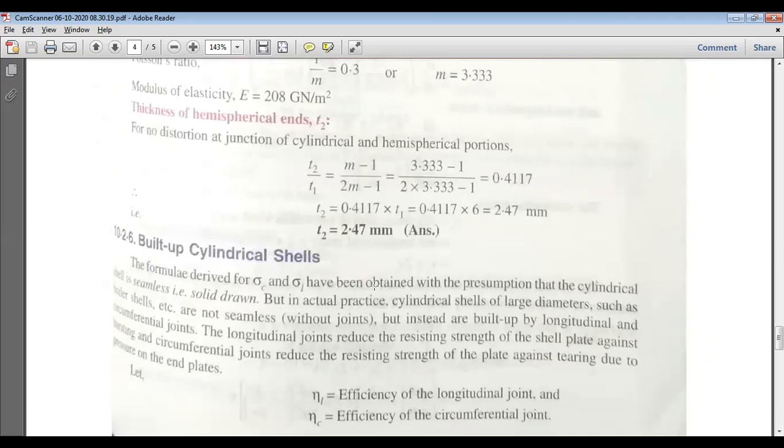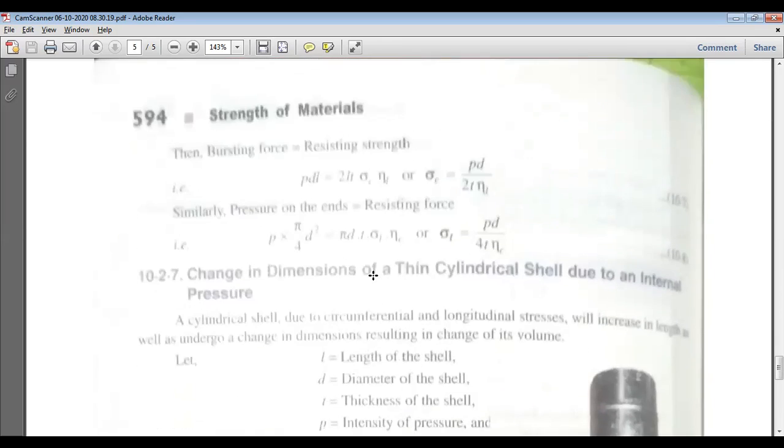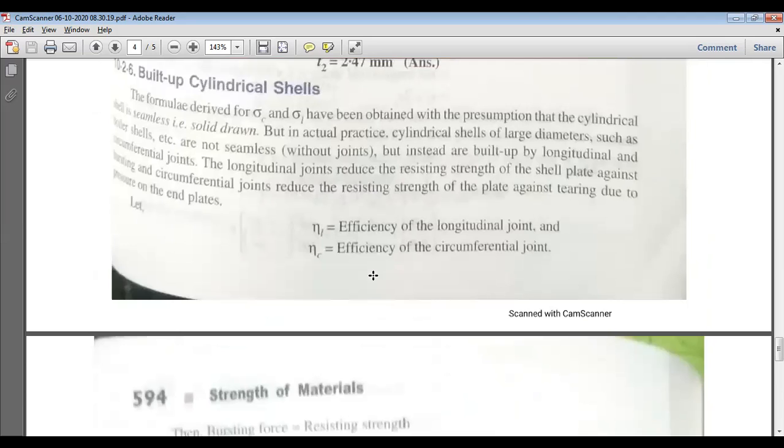First we discussed open cylindrical shells, then closed hemispherical ends. Now we'll come to built up cylindrical shells. Seamless cylindrical shells are solid drawn, where sigma C and sigma L are not affected by joints. Built up shells are not seamless; they have longitudinal and circumferential joints, and longitudinal joints reduce the resisting force of the shell plate.